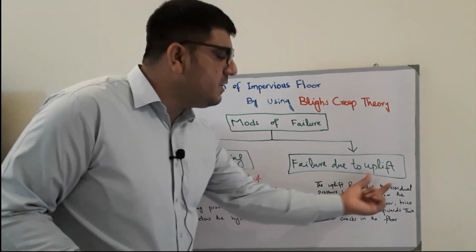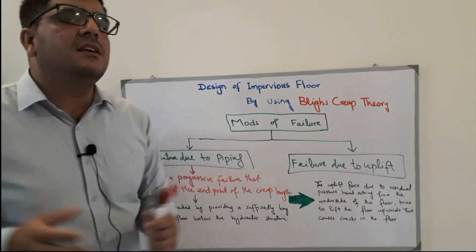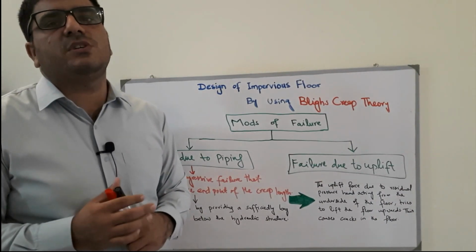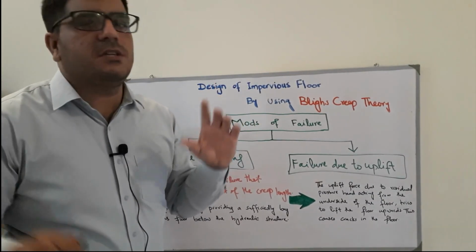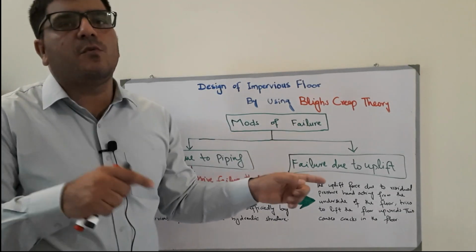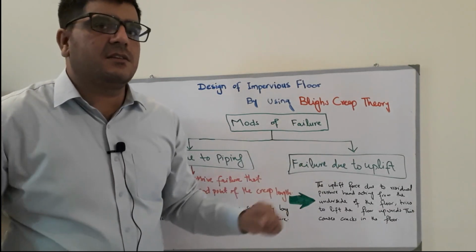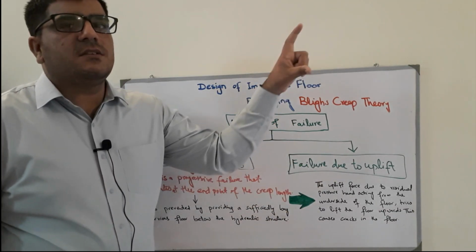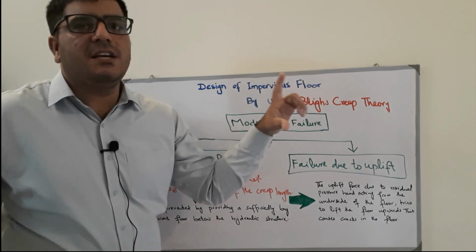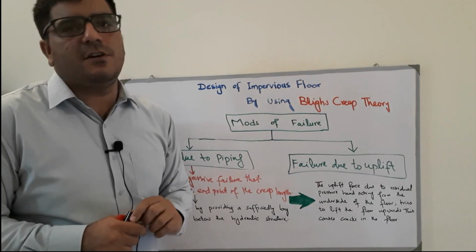I have used the word residual pressure. Let's say there is a pressure head at upstream called H and at downstream it is 0, as you have provided a sufficiently long creep length. The total difference in head between the upstream and downstream is basically called the head loss.